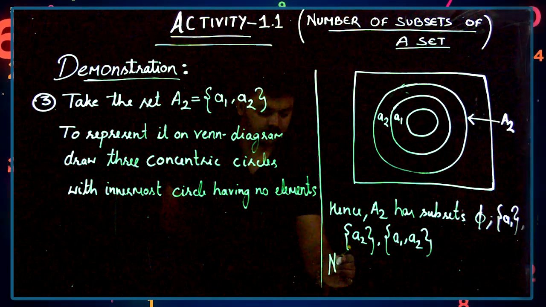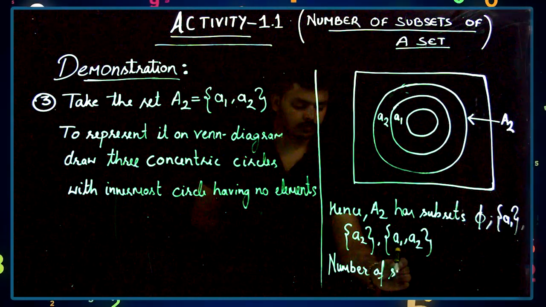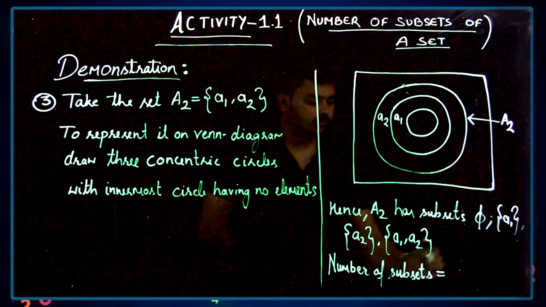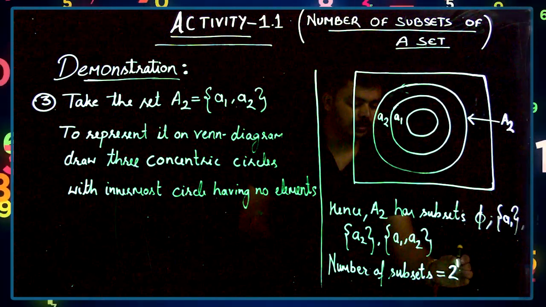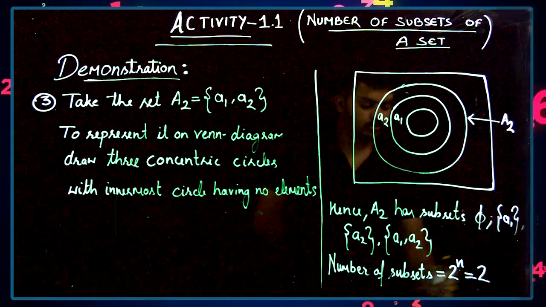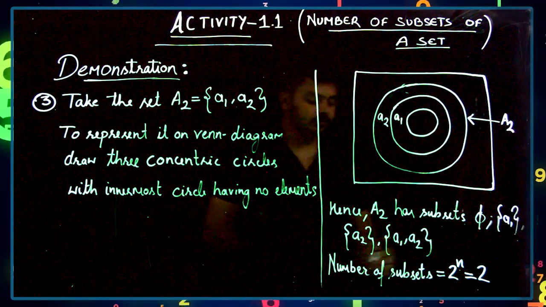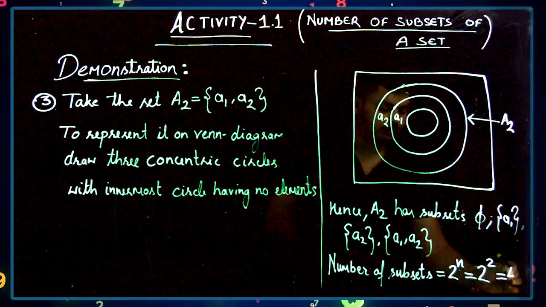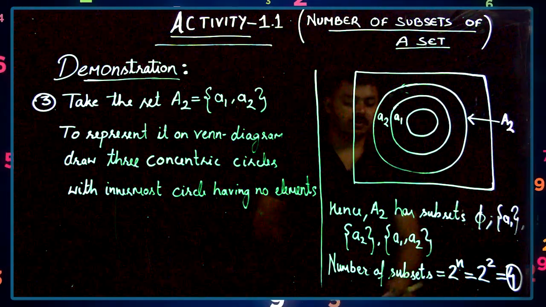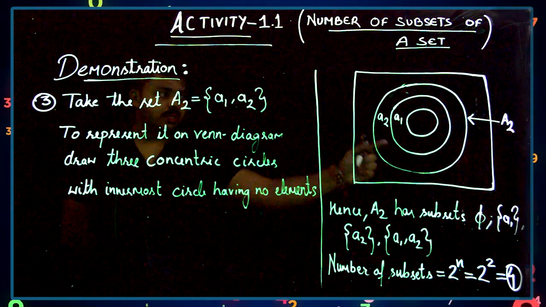So the number of subsets is equal to 2 to the power n, equals 2 to the power number of elements, and there are 2 elements. 2 to the power 2 equals 4. And if we count, those 4 subsets are phi, {a1}, {a2} and {a1, a2}. These are the 4 subsets of set A2.